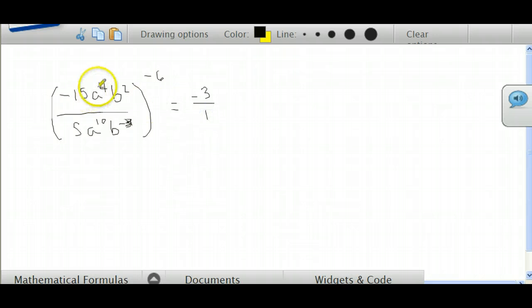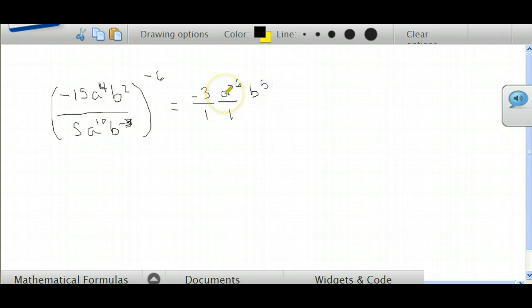What about a to the 4th divided by a to the 10th? And b to the 5th.